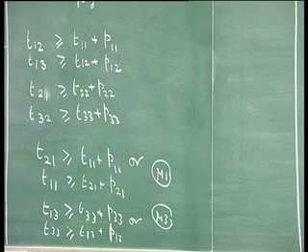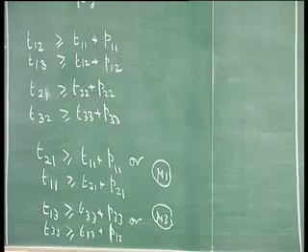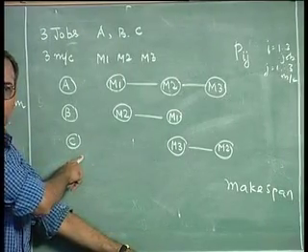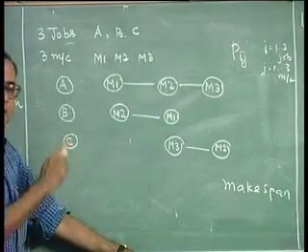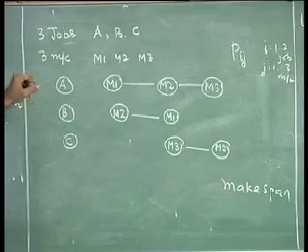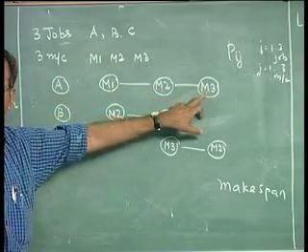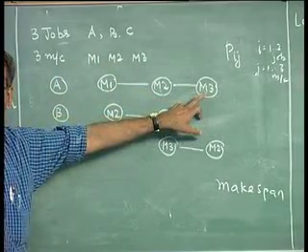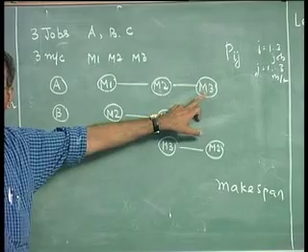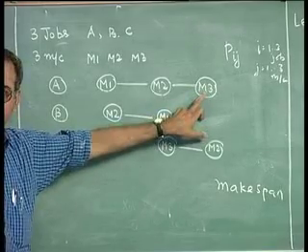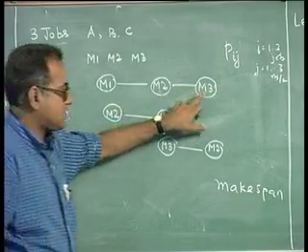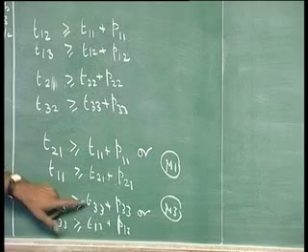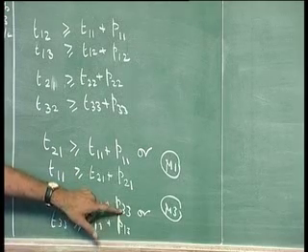Because if you take M3, A and C, so jobs 1 and 3, the starting time of job 1 on machine 3 should be after the completion time of job 3 on machine 3, which is T13 is greater than or equal to T33 plus P33, or the other way.